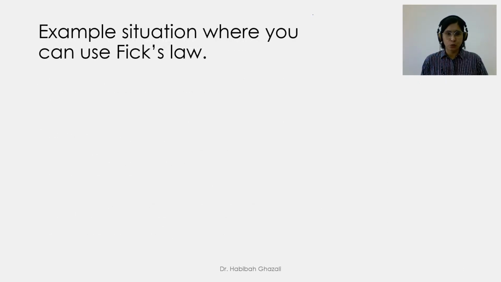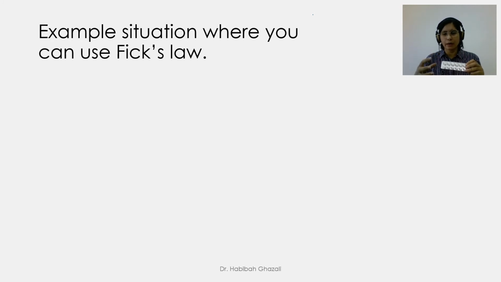One example situation where you can use Fick's first law is, let's say, in the future you're going to work with a pharmaceutical company. You're working as an engineer and you are asked to design the plastic foil to cover a product. The product that you need to cover is a tablet that is highly sensitive to a certain concentration of oxygen. So you need to design this plastic product.